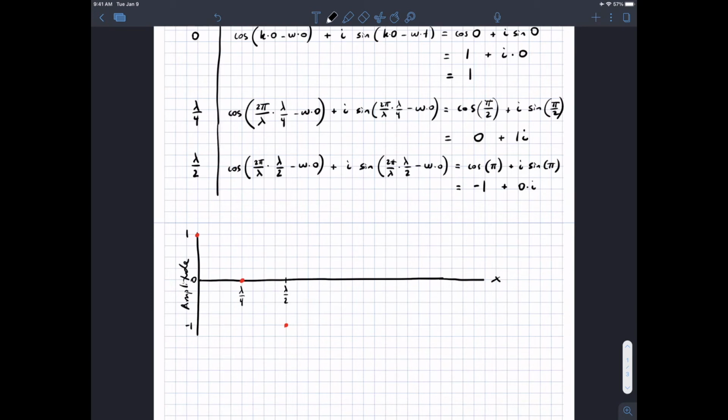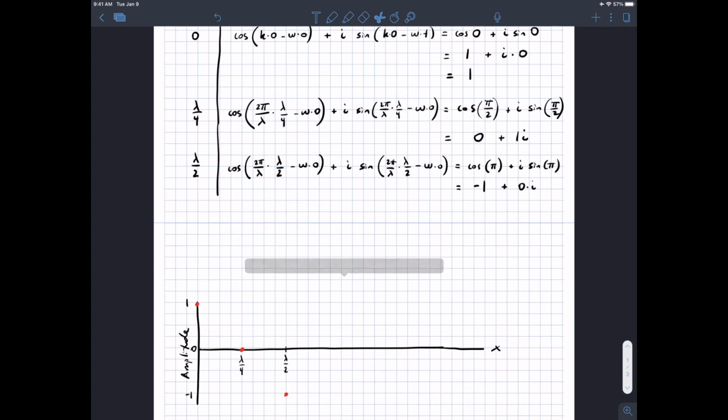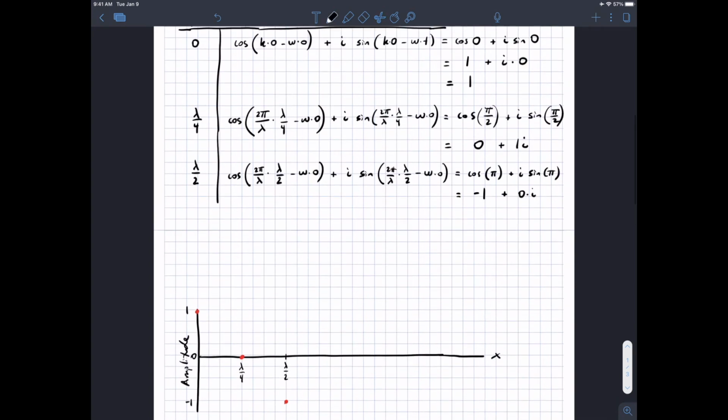Okay, and so we could go on. We will find, for example, that at 3/4 of a wavelength, the wave function equals cosine of 3 pi halves plus i times the sine of 3 pi halves.